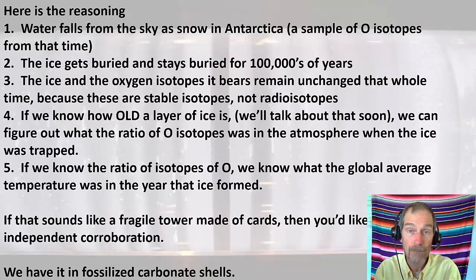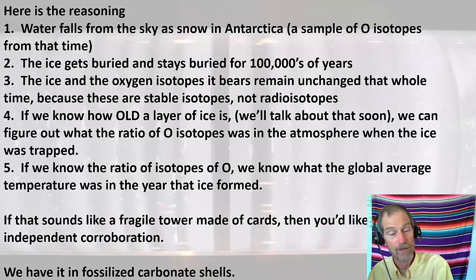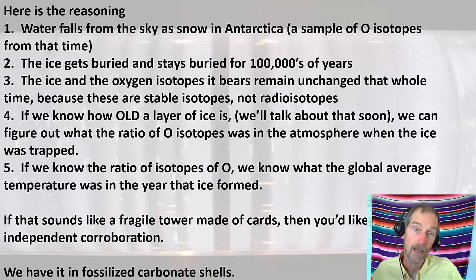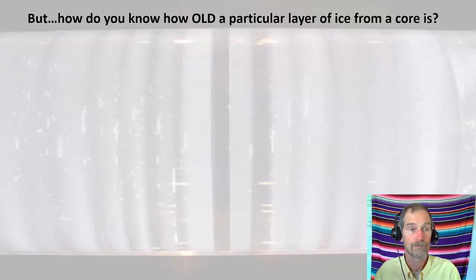It becomes limestone, and it can be dated using radiometric dating, and the oxygen isotopes can also be sampled. So you can do the same sort of thing, but not in ice, instead in carbonates, and I believe they found very close to parallel data. But I'm not going to go into that. I want you to stay focused on trying to understand what's going on with these ice cores.